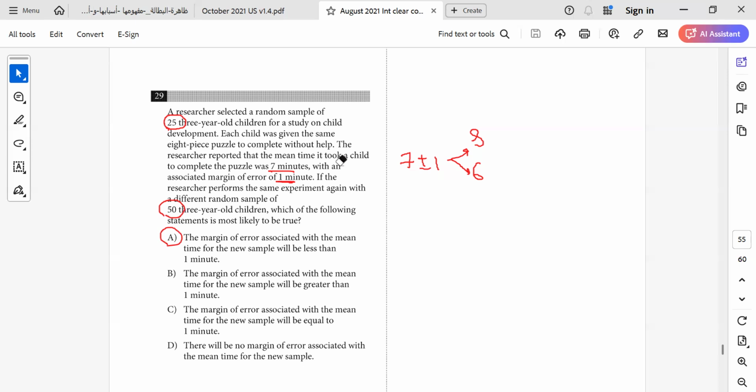It will not be a valid result. But if I choose 700 or 1,000 students, the margin error will be so much less. Because he increased the number of students, the margin error should be less. That's the meaning of margin error, because sometimes he will ask you about that.